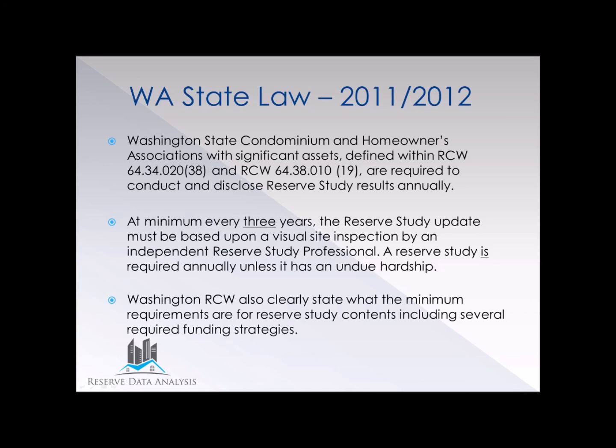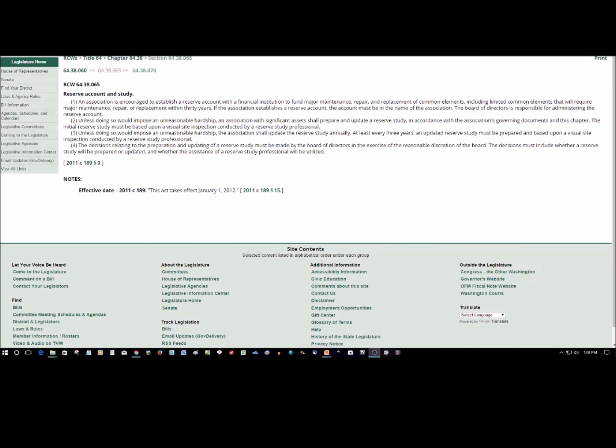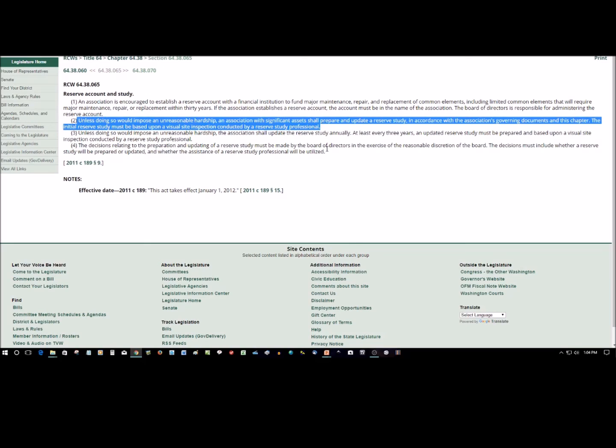But let's just look at the actual Washington state law here real quick. Okay, so let's go through this. This is setting up the reserve account, and what communities should complete one. As you can see, number 2 here: unless doing so would impose an unreasonable hardship, an association with significant assets shall prepare and update a reserve study in accordance with the association's governing documents and this chapter.